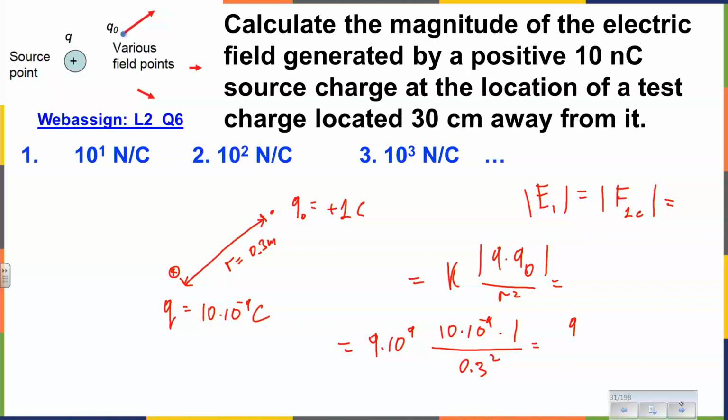So that's 9 times 10 over 0.09. 1,000, right? And newtons per coulomb.